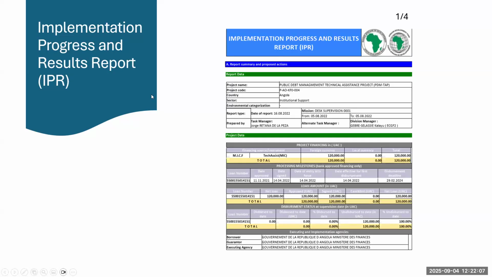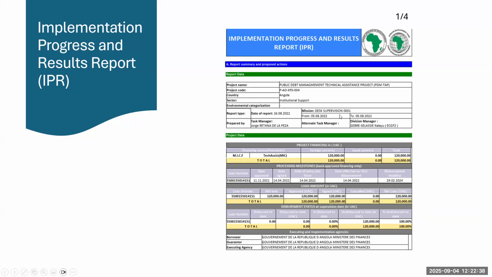Now you have the implementation progress and result report. This is how it is presented. It's tabulated. There is less narrative, but most of it is a tabulation of the results. So you have the task manager name, the name of the project, the report date, and the mission, desk supervision 01.